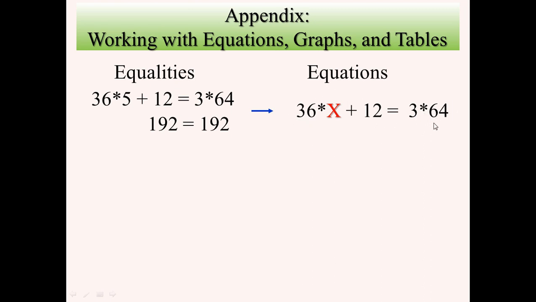This expression or this form we now call an equation. No more equality. Now we call it an equation. This equation has one variable x, or one unknown x. Besides x, 36 we know exactly, 12 we know exactly, 3 we know exactly, 64 we know exactly.